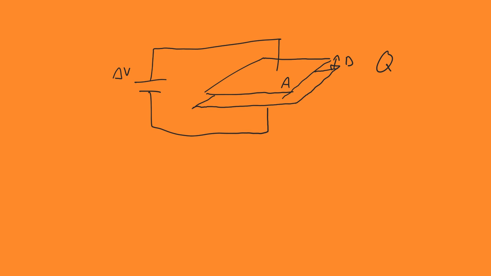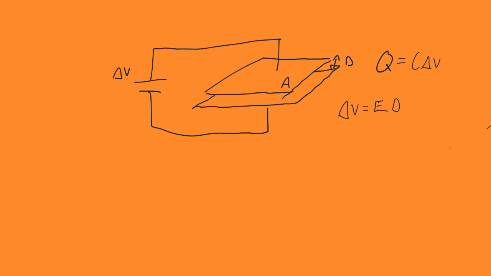All right. Next, what is the magnitude of the electric field between the plates? Well, if we're looking for the magnitude of the electric field, we know that delta V is going to be ED here. Or actually, let's go back to A. If we want to find the magnitude of the charge, Q is going to be equal to C delta V. It's just the capacitance of the plates.